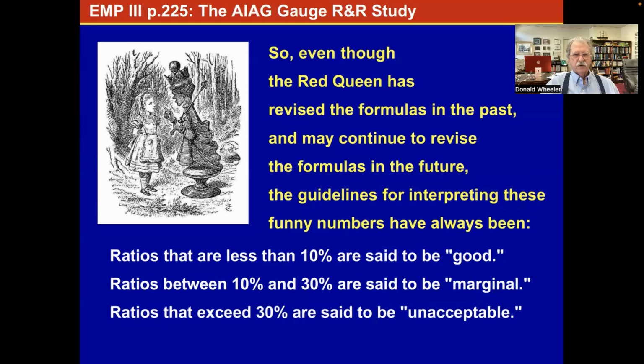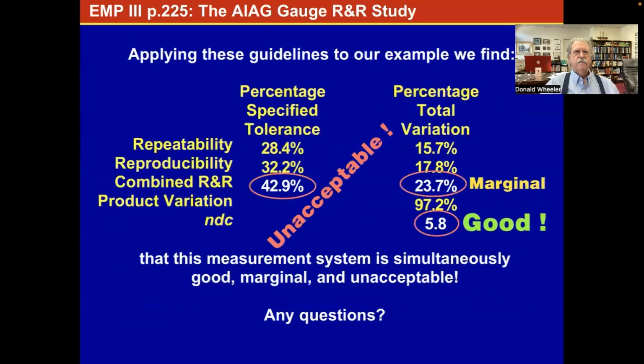Ratios exceeding 30% are unacceptable. Applying these guidelines to our example, we find that this measurement system is simultaneously good, marginal, and unacceptable. Any questions?